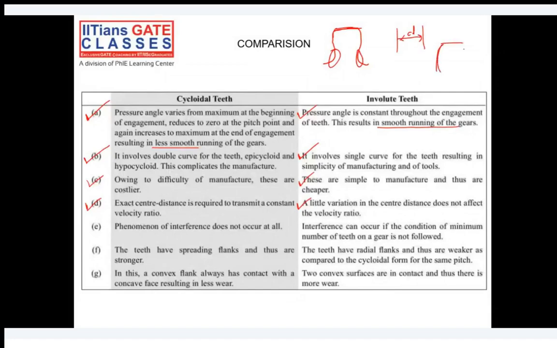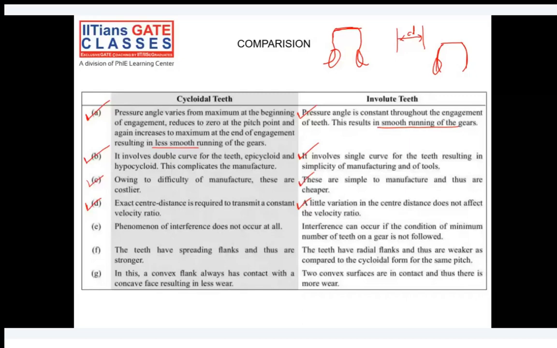So there is a chance that the gear in mesh with this first gear can cause interference. What is interference? Interference is basically when one gear starts crossing the limit or starts touching the base circle of the other gear which is in mesh.